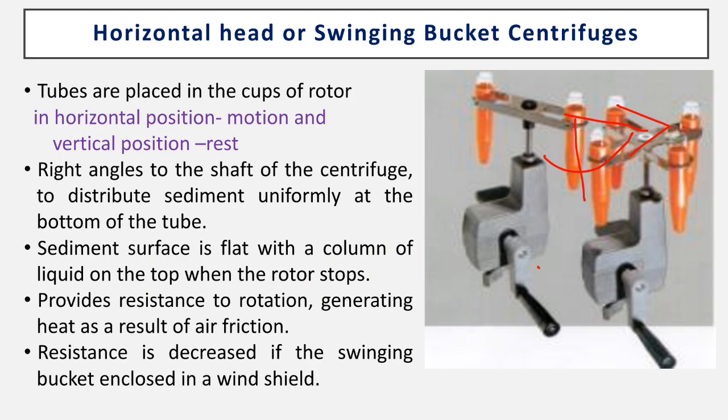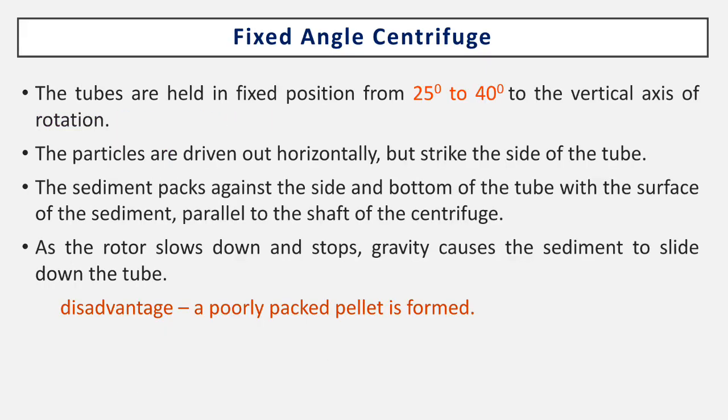That's why we can't produce higher speeds. Resistance is decreased if the swinging bucket is enclosed in a windshield, means like a box. You can see this in the small bench top centrifuges.